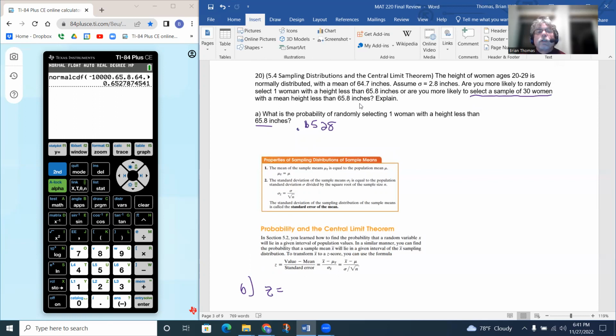Did I use the right numbers there? Yeah. So we have the sample mean again, it's going to be 65.8 inches.